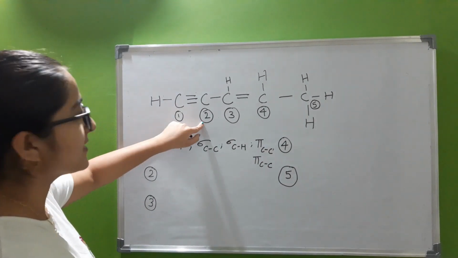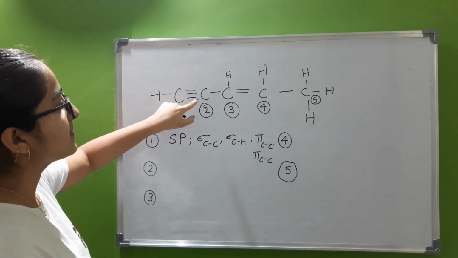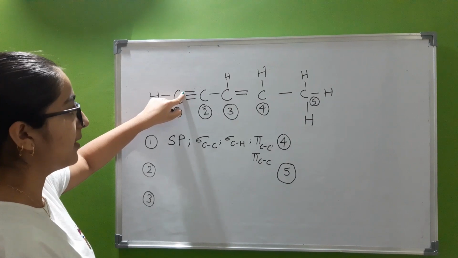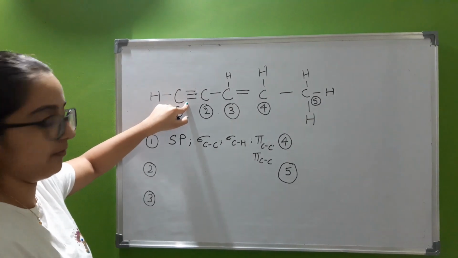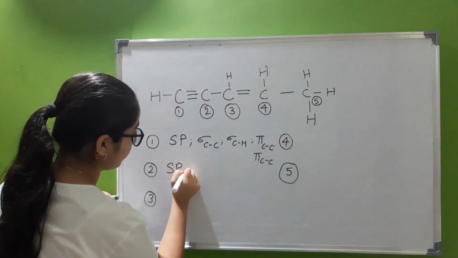Now, coming to the second carbon, here also we realize that the number of pi bonds between the C and C here is 2. Because the first one is a sigma bond, so definitely the next two will be pi bonds. So even the second carbon is sp hybridized.